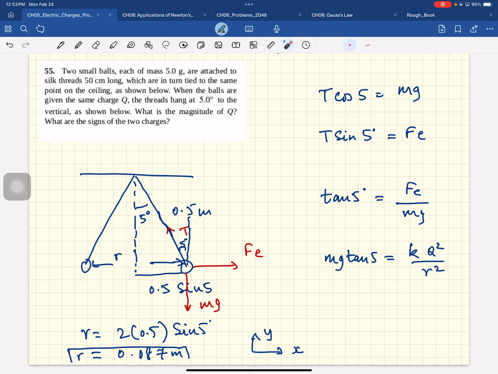The electrostatic force between these two is their charge. When the balls are given the same charge q, so this is q and that's q. Okay, so q square is r square mg tan phi divided by k.